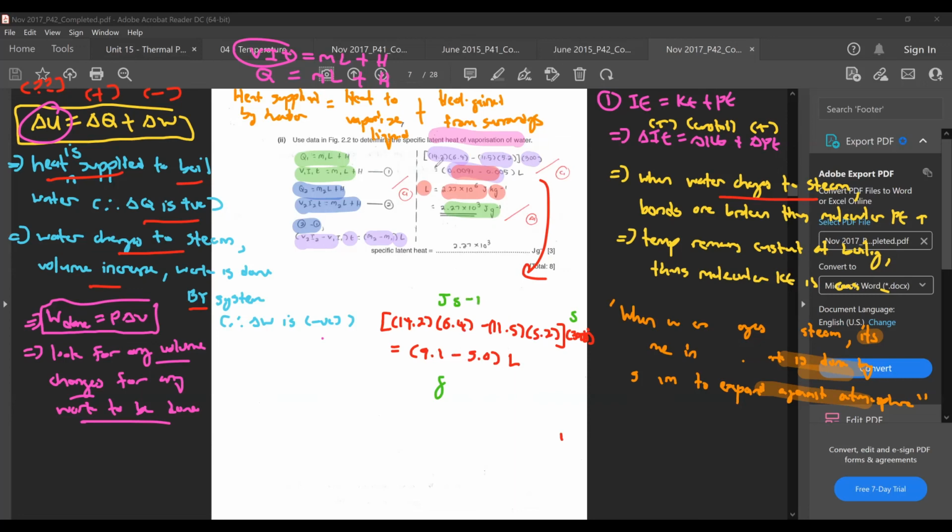If you do the unit analysis, second to the power of -1 multiplied with second to the power of 1, the seconds will cancel off. I think I'll just write in terms of units for you to see them, just so it's easier. In terms of the units, you can see that this is joules per second times seconds. This one is gram, and then this one is the unit of L.